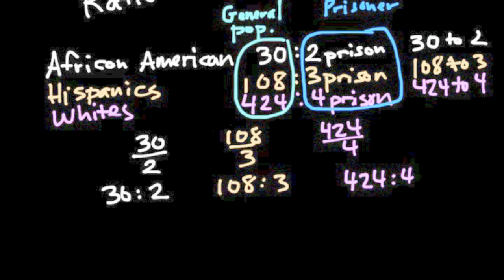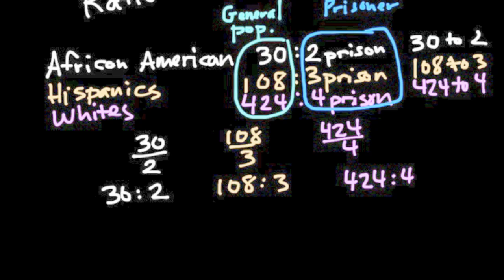I rewrote it how I originally had it with the colon, just because I think it would be easier to reduce. So there are 3 different ways we could write ratios, but let's reduce all of these ratios so that we're talking about how many of the general population there are for every 1 prisoner in each racial group.